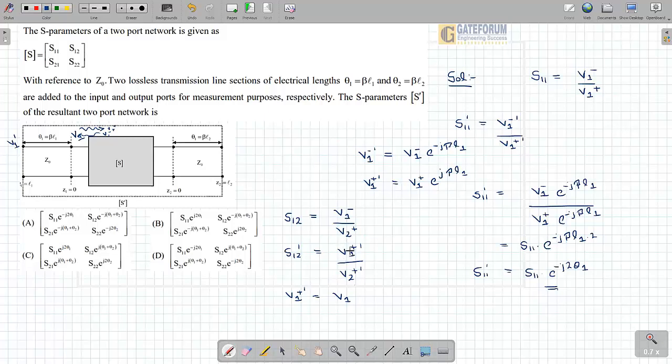So it is V1 minus dash over V2 plus dash. Now V1 minus dash, we have already seen this.